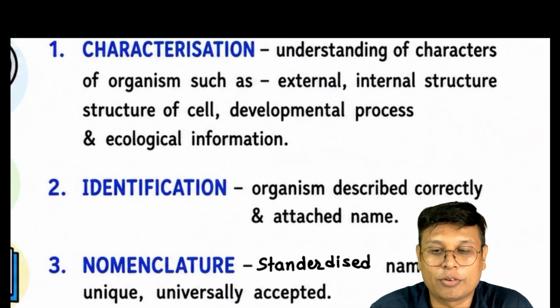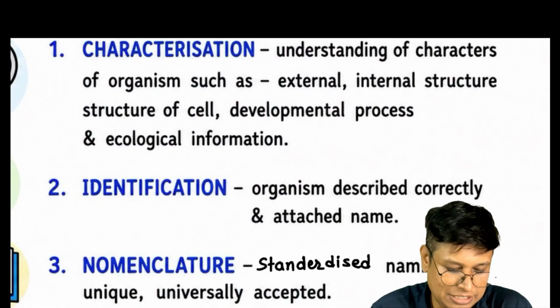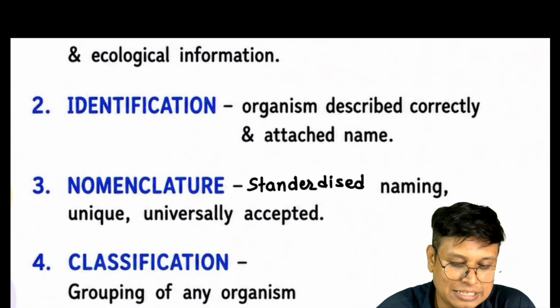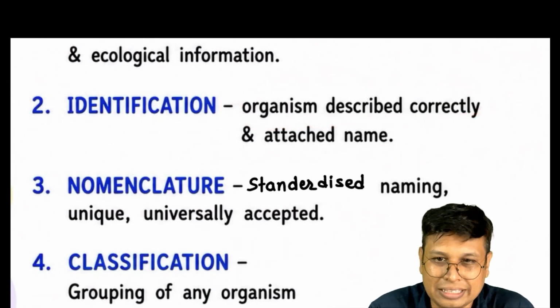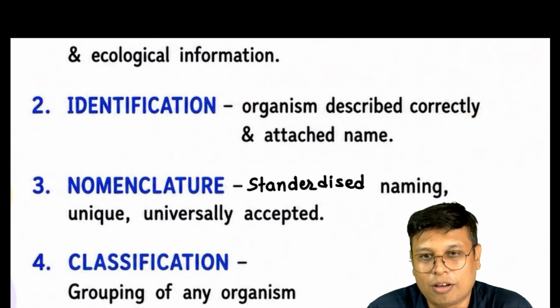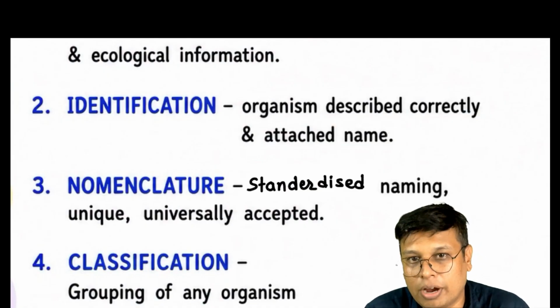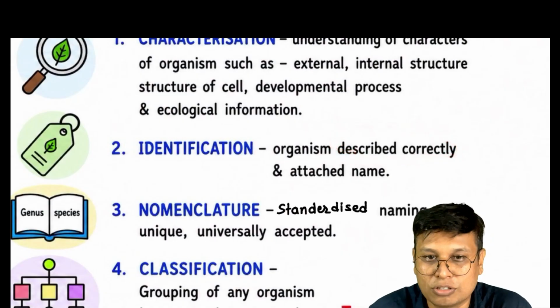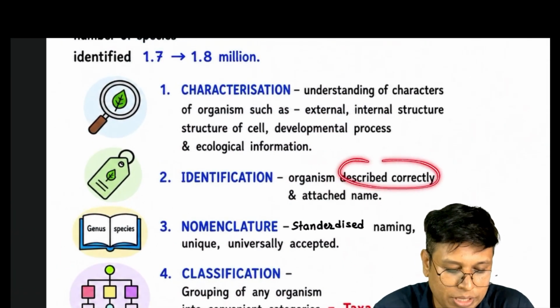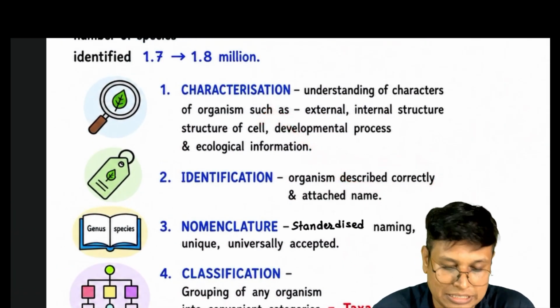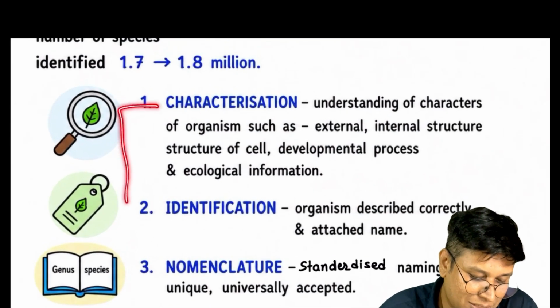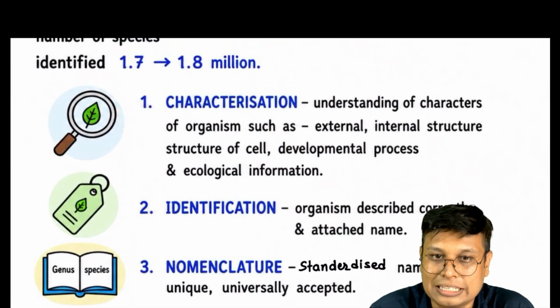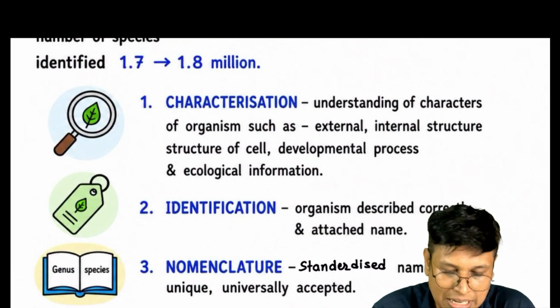Here the organism is described correctly and attached name is known. When you characterize an organism, you are obviously going to identify it. You are going to identify the describe, and then the description is used. What is the description is going to be? Again, it is going to be the characterization. So generally these two steps, characterization and identification, are similar.